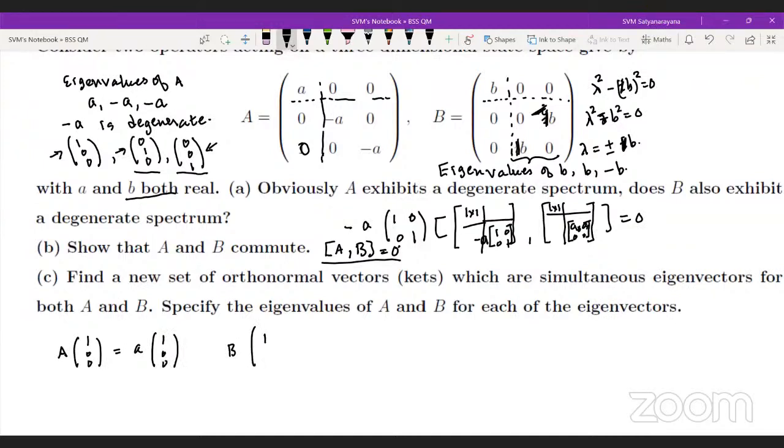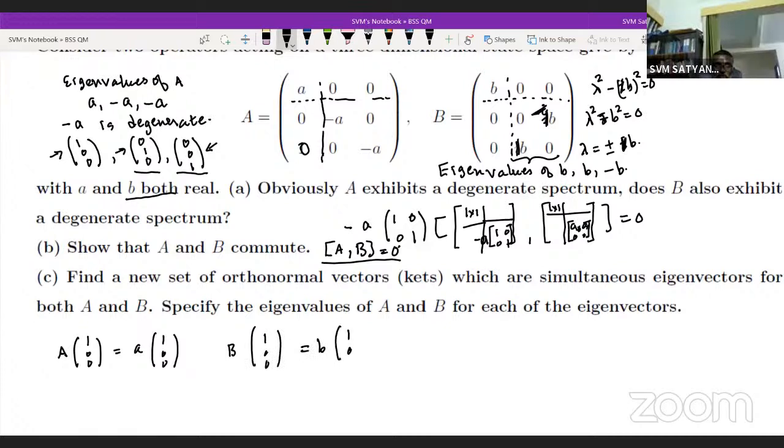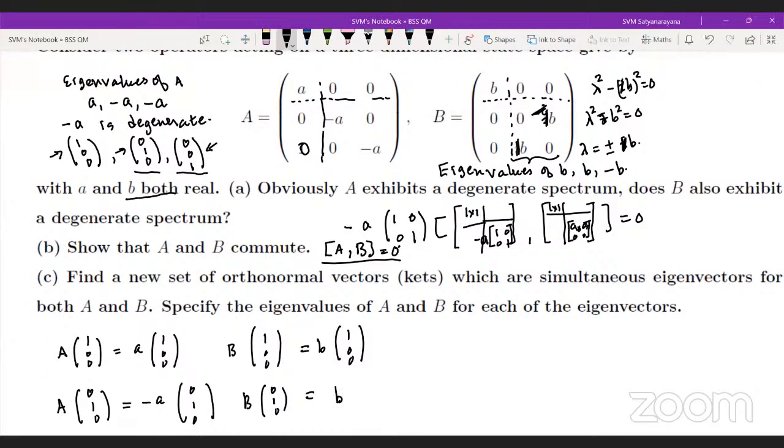B on 1 0 0 is B times 1 0 0. Now A on 0 1 0 is minus A times 0 1 0. B on 0 1 0 is what? B on 0 1 0 is B times 0 0 1.